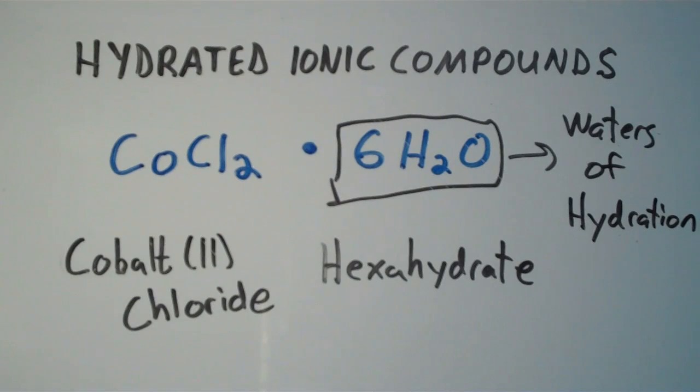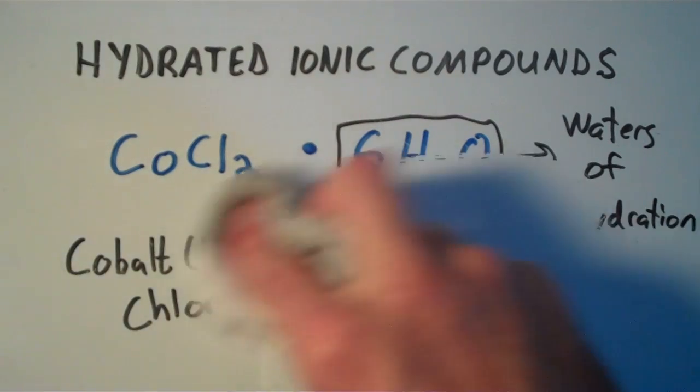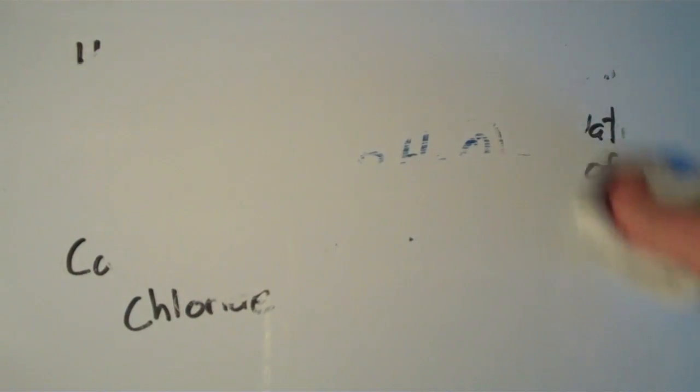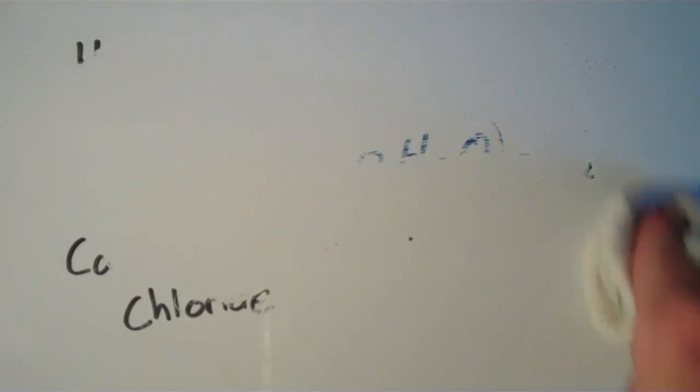So let's do a couple of examples where we go back and forth between names and formulas. Let's start out with a name, and then we'll try to write the formula for the hydrate.